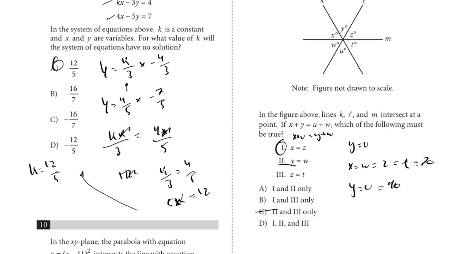When you do the substitution, that doesn't necessarily have to be the case. So what I'm saying is, since all three pairs of vertical angles are equal, it's not true that y has to equal w, right? So that means that 2 is not correct. So that means A is cancelled and D is cancelled, remaining B is the correct answer.